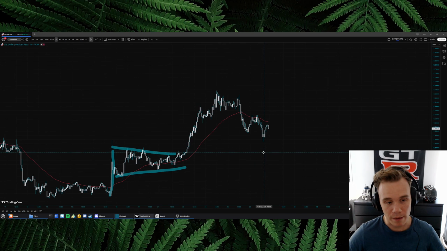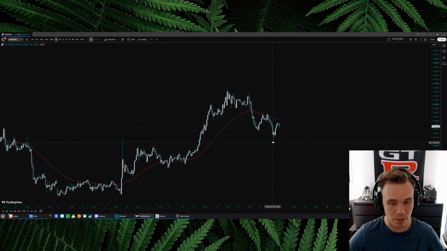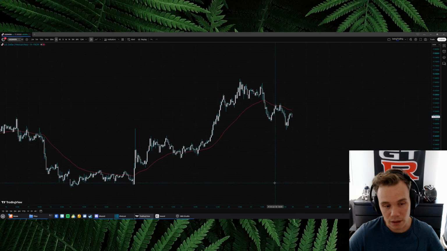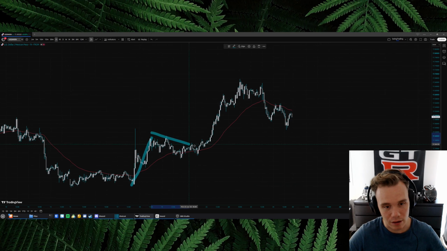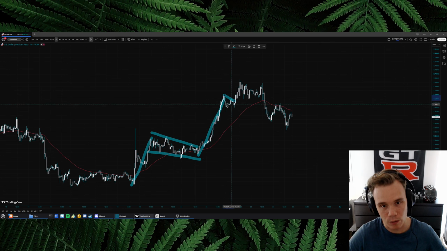It's quite messy and never going to be picture perfect, but instead of getting caught up in all of the tiny price fluctuations, we're just looking for that wave 1 breakout, a complex wave 2, wave 3 breakout, simple wave 4, wave 5 run.